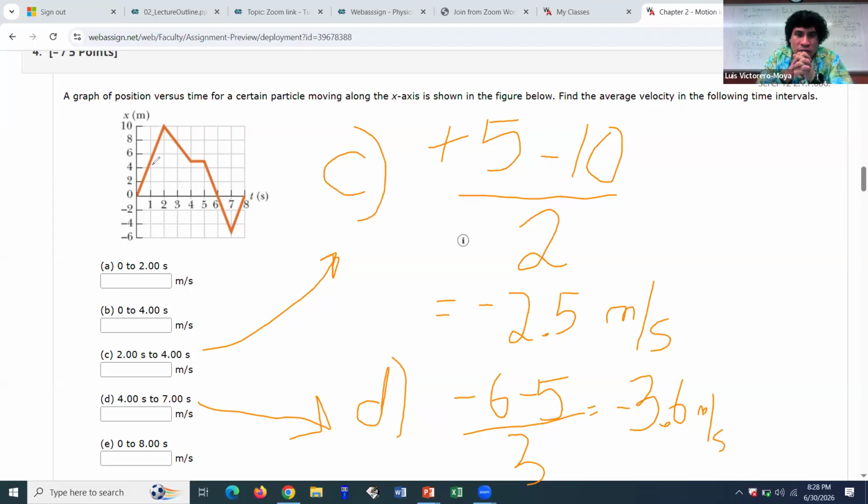Between 0 and 6, look at the graph. What's the average speed? Not velocity. What's the average speed between 0 and 6? Be very careful. All right?